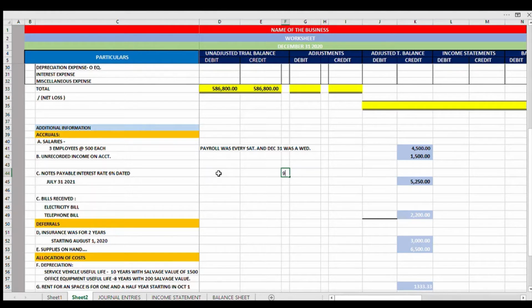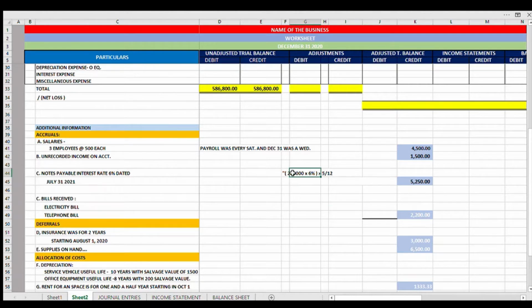So this one, I will indicate this here. Okay, that is 210,000 times 6% times 5 over 12.